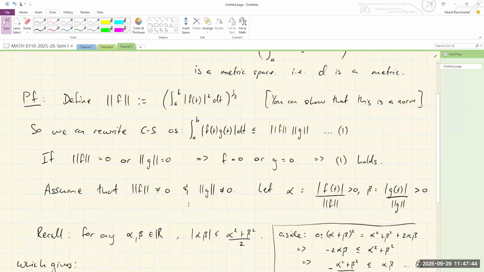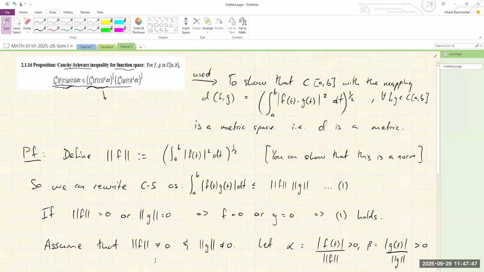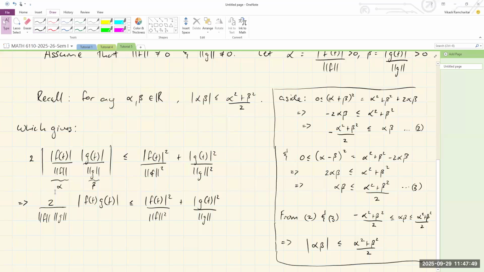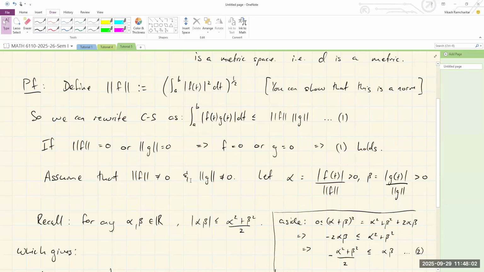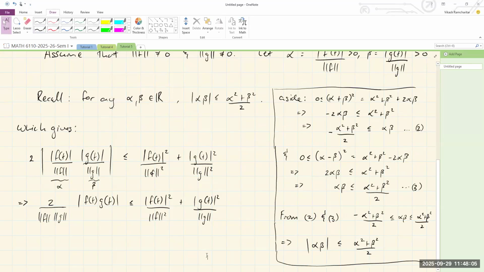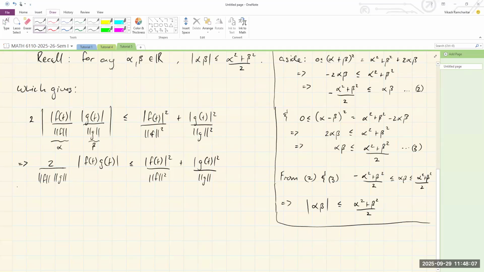Okay, and if we look at what we have to prove, what I'm making here on the left-hand side is the left-hand part of the Cauchy-Schwarz inequality. So you see I have to integrate this from a to b. So I'm just going to integrate both sides from a to b. Of course 2 over norm f, norm g is just some constant, so I can pull that outside of the integral.